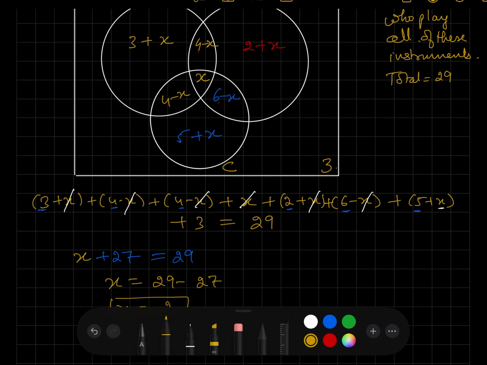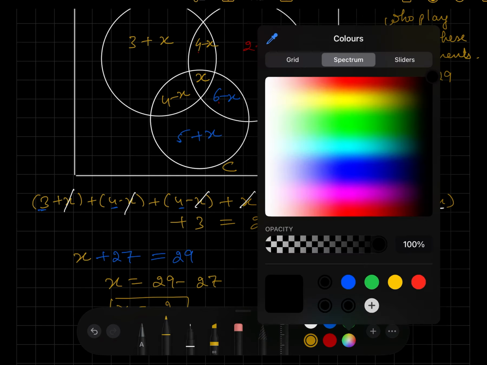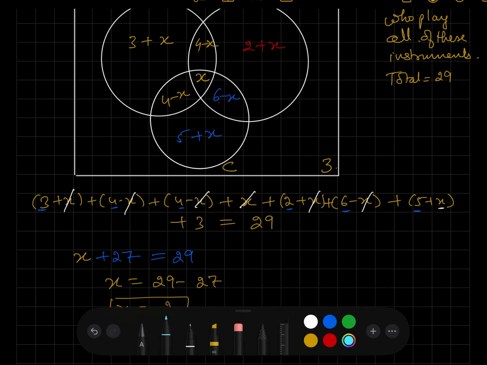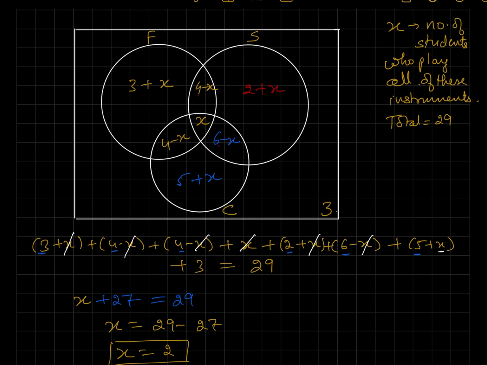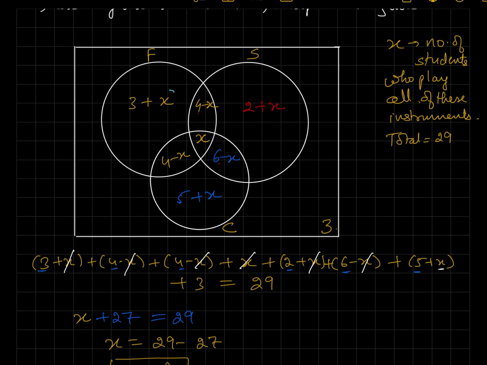Now since we have this number, we can easily write our remaining information. Only flute would be 3 plus 2, which is 5. Only saxophone would be 2 plus 2, which is 4. Only clarinet would be 5 plus 2, which is 7.